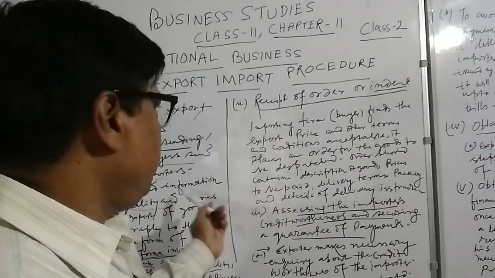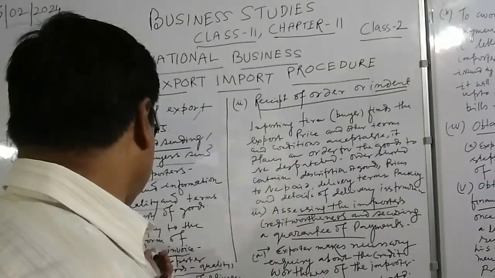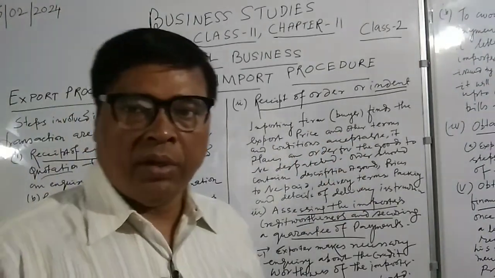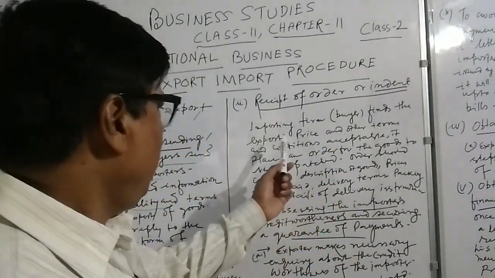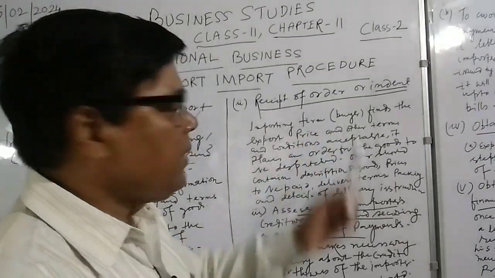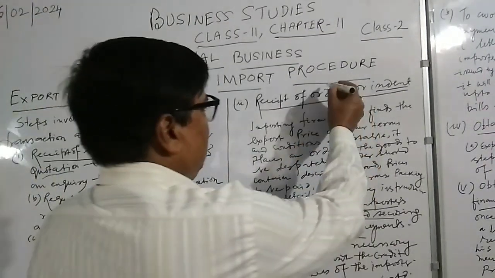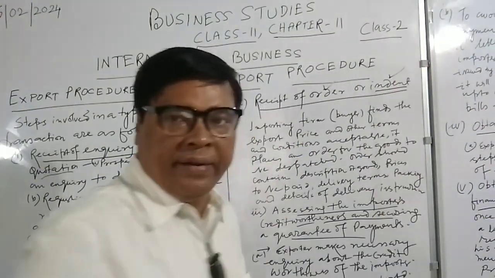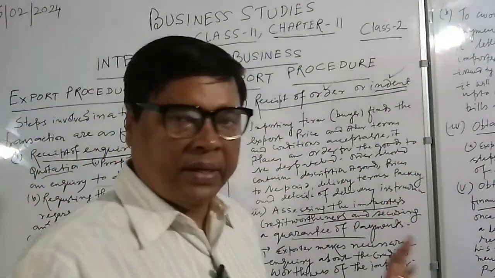Once you send the quotation to your foreign buyer, that is the importer, you receive the confirmed order, which we can call the indent. These terms you have to keep in mind very carefully.